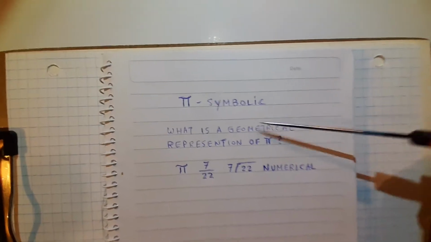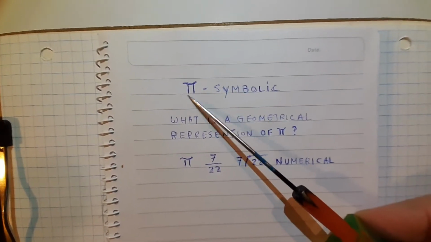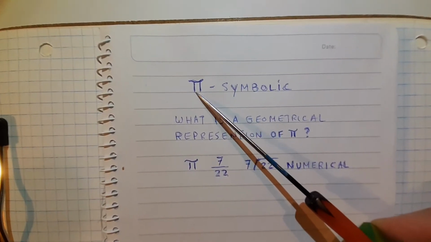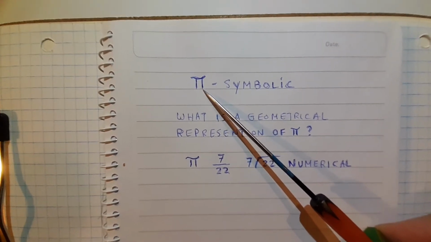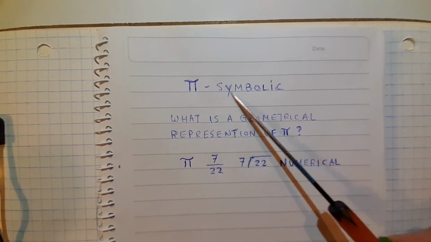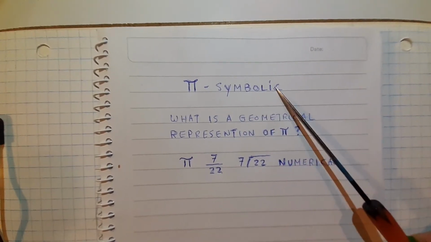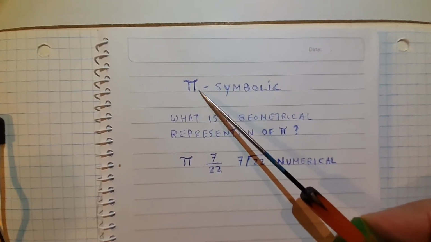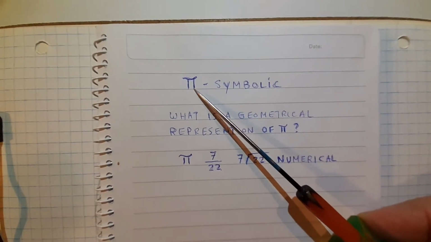So pi, as we know by this symbol here, this is a symbol for pi. So this is symbolic, right? This is a symbolic representation of pi.